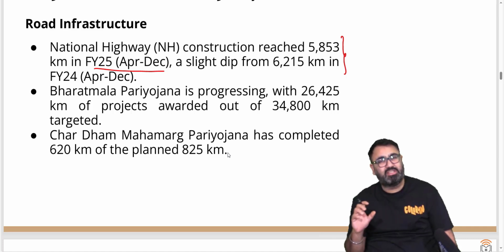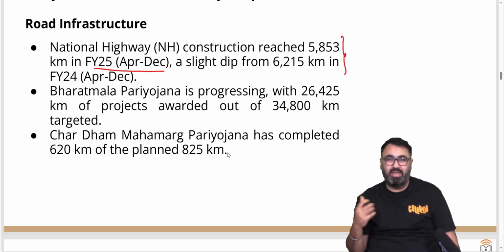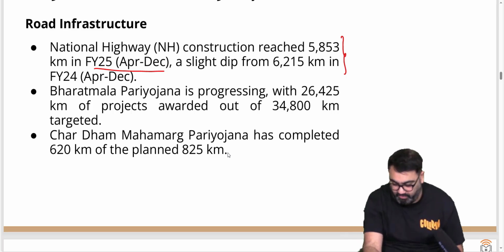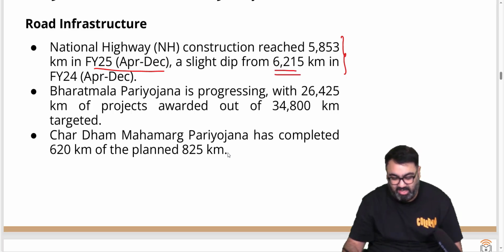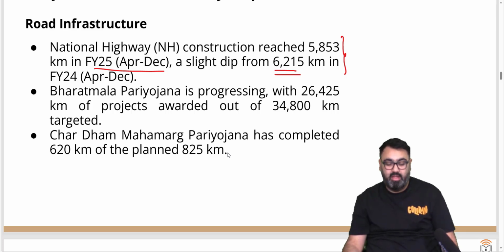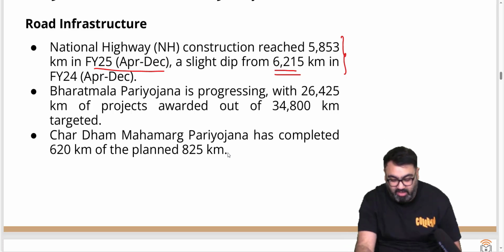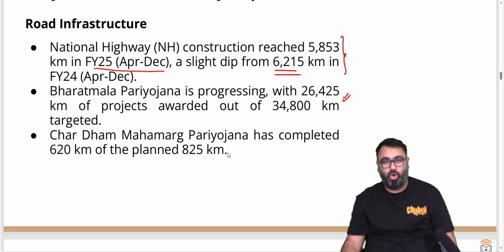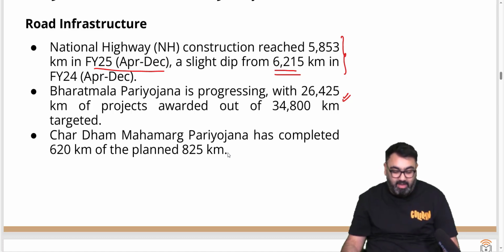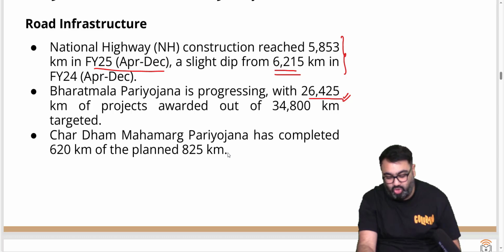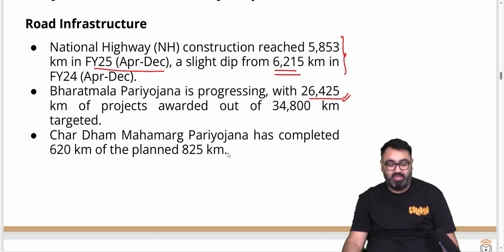As compared to last year in the same period, we had more highways built, but although we are not growing, it's still an impressive number. So last year in the same time period from April to December, new highways of about 6,215 kilometers were built. Then we have the Bharatmala Pariyojana, that is again a lot of projects, lot of roads being built. Contracts of 26.5 thousand kilometers were awarded.